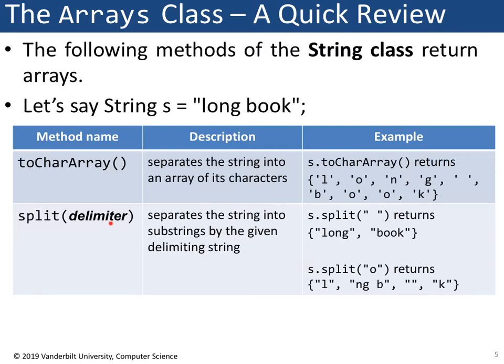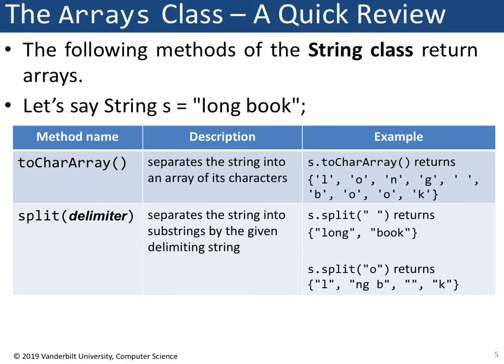The method split, supplied with a delimiter, will split a string at each of the locations where the delimiter exists in a string. So as an example, remember s contains the string "long book", and we called s.split, and as parameter to this split method we passed a space as the delimiter.